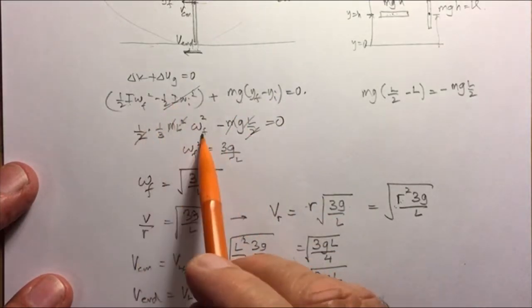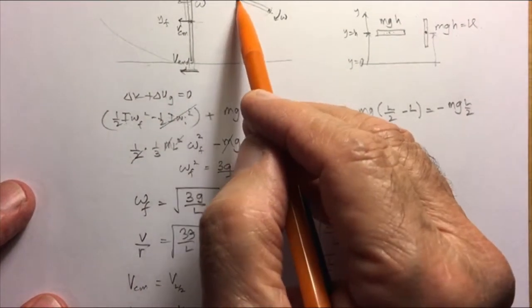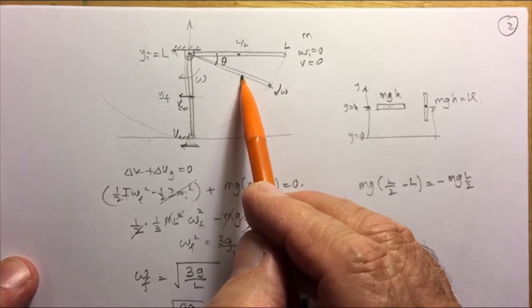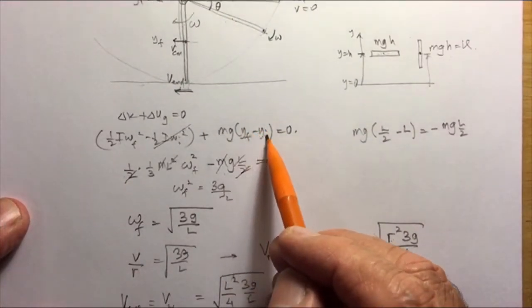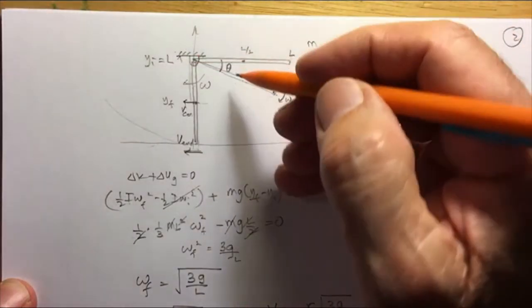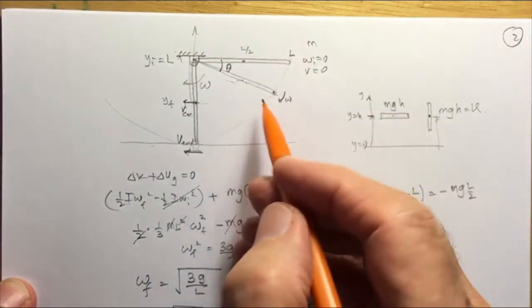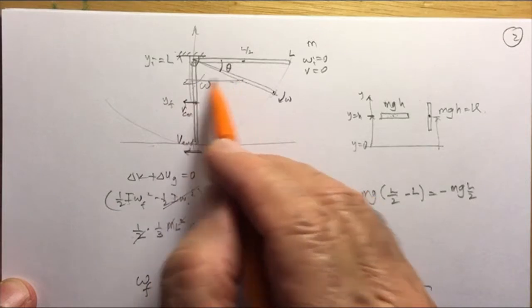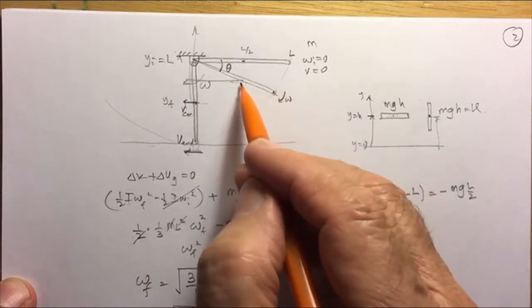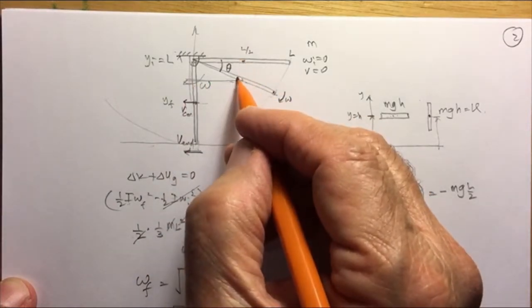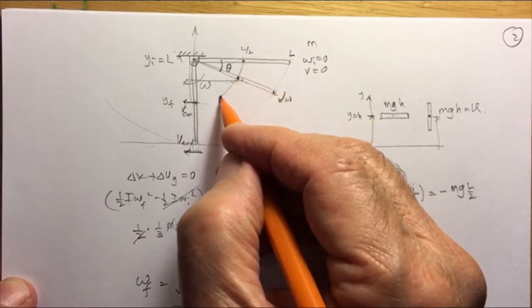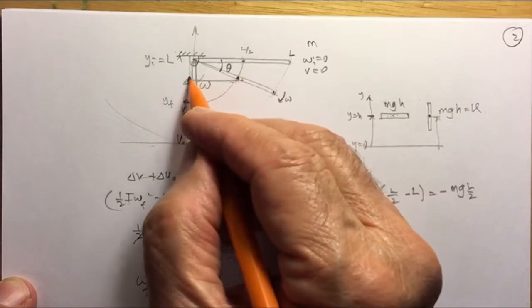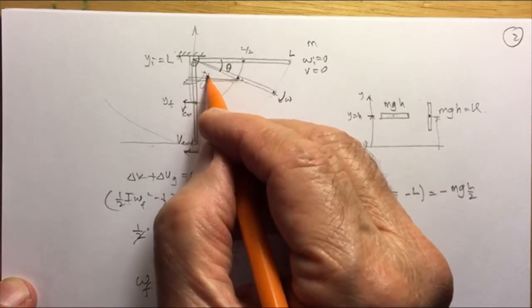This stays the same. V final becomes here. This is the thing that's going to change. The y initial will remain the same. The y final will now be here, when it's over here. And the center is going to be slightly to the left. It's not going to be under it because it's swinging. Okay, so this is going to be y final.